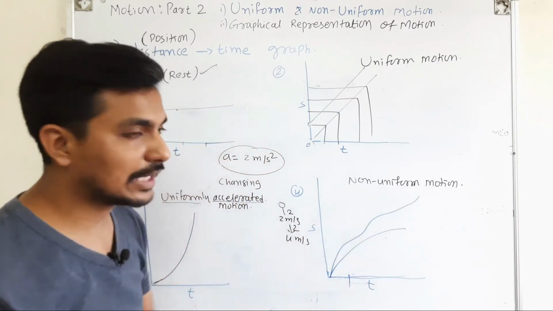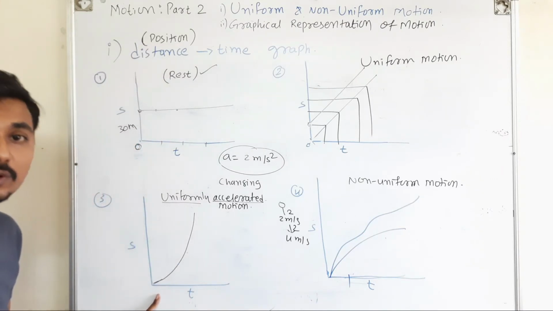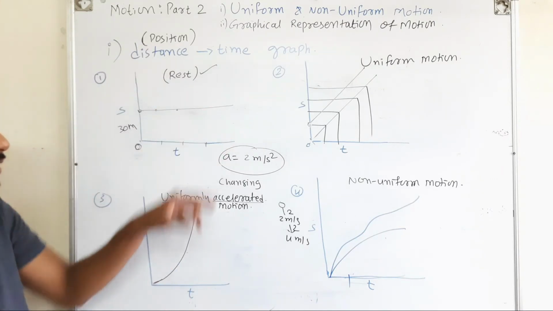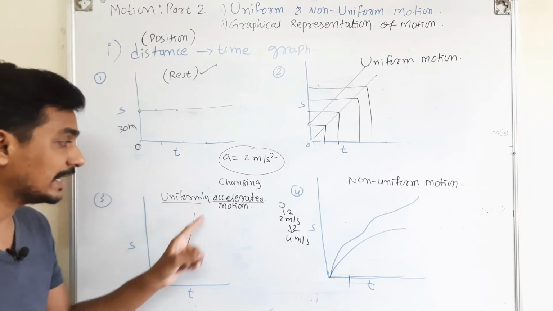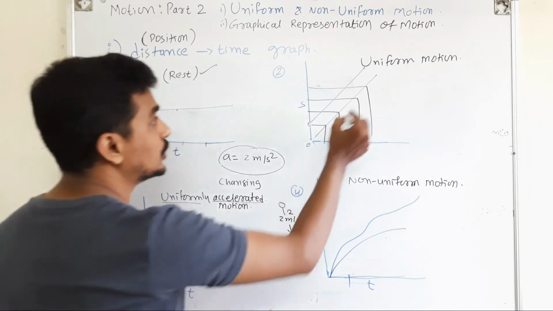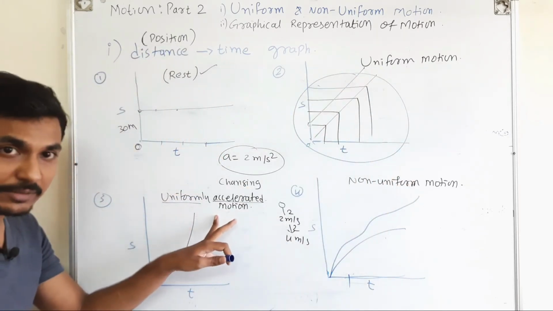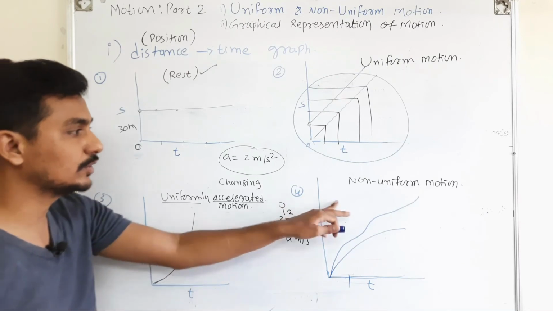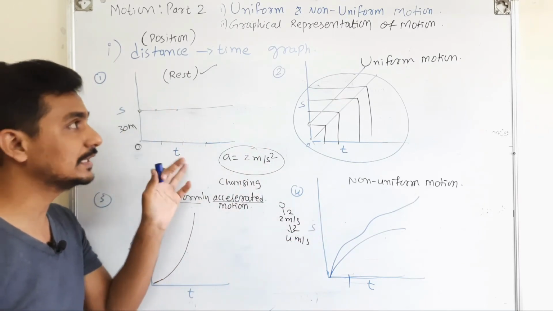All these graphs represent non-uniform motion. This is also a non-uniform motion. The motion is non-uniform, but in terms of acceleration, it is a uniformly accelerated motion. This motion is only a uniform motion. This is uniformly accelerated motion, or you can also say it is a non-uniform motion. And this indicates that the object is at rest.